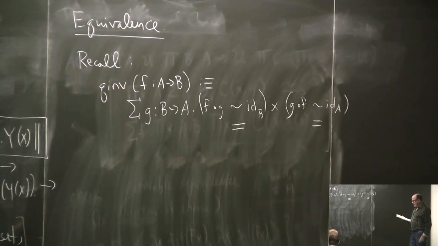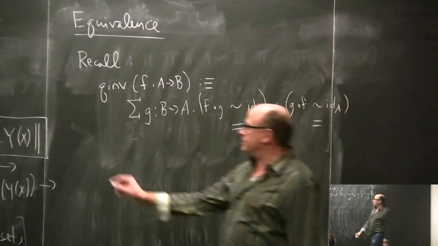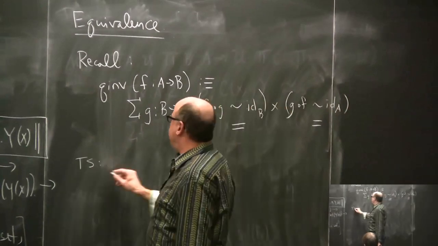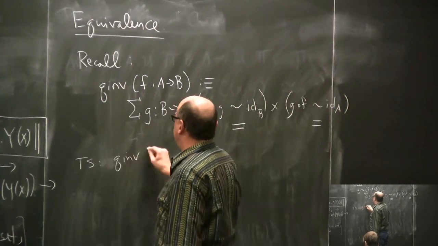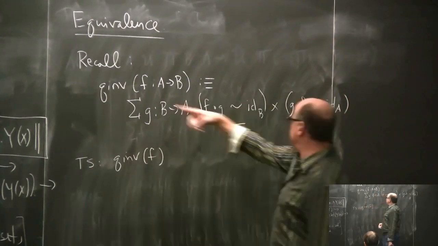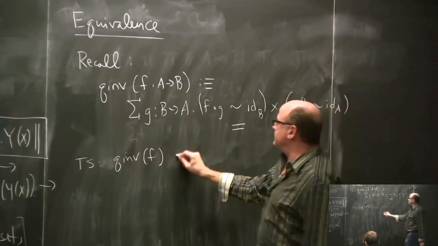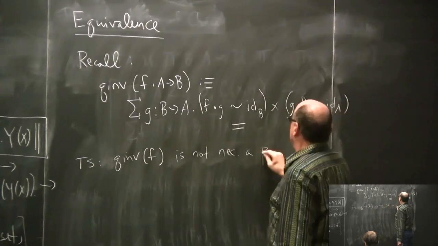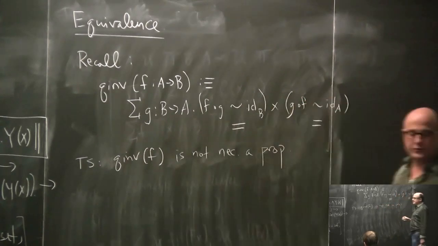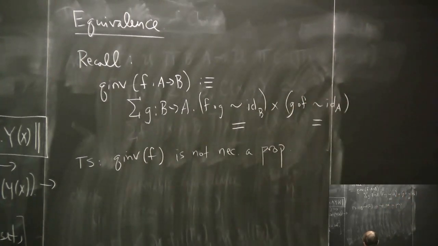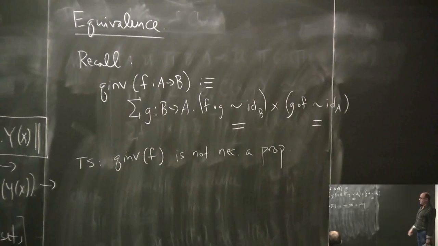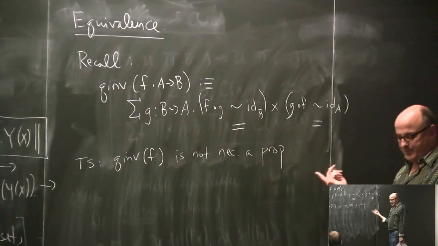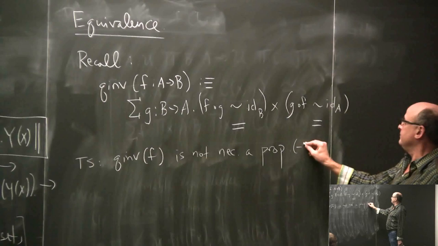The thing developed in the book, which I'll sketch for you here, is that we're going to show that the type quasi-inverse of f, defined by this, is not necessarily a proposition in the technical sense of the word. Of course, it's a type, but it's not necessarily a prop in the sense of being a -1 type.